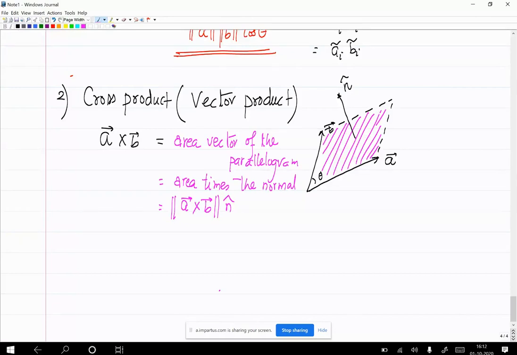And how do you obtain the direction? You have to use the right hand thumb rule. Take your right hand, move your fingers from A to B, and the direction in which your thumb points, that's the direction of A cross B. Okay? So you can use here the right hand thumb rule.